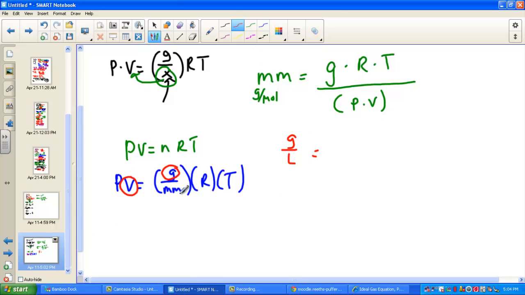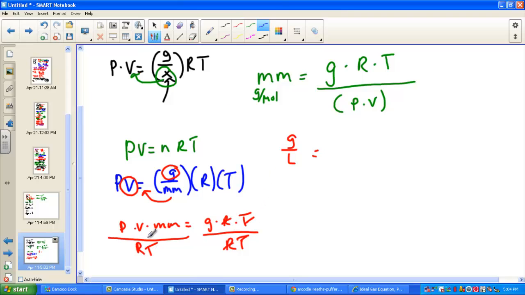How does that derive? Let's bring the molar mass up: P times V times molar mass is equal to G times R times T. We want to bring over the RT to this side, so they're gone, and I want to divide by the volume, so it comes to this side. See the density? There it is.